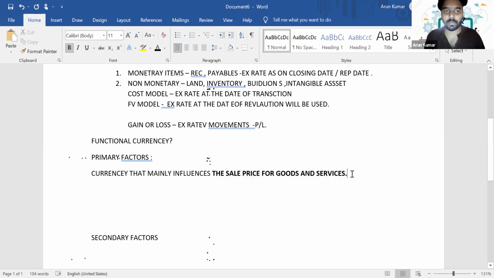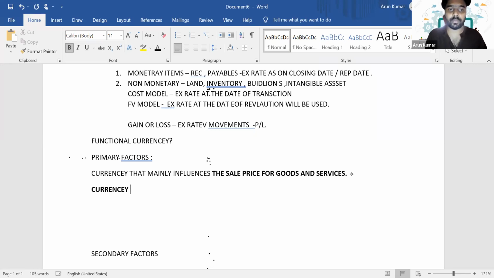Then, can you give me another example of a factor for determining the functional currency? The currency of the country whose competitive forces and regulations mainly determine the sale price of goods and services.